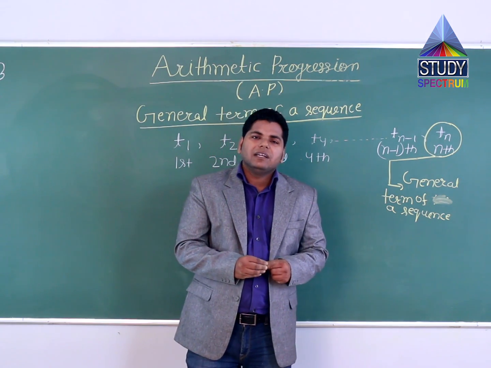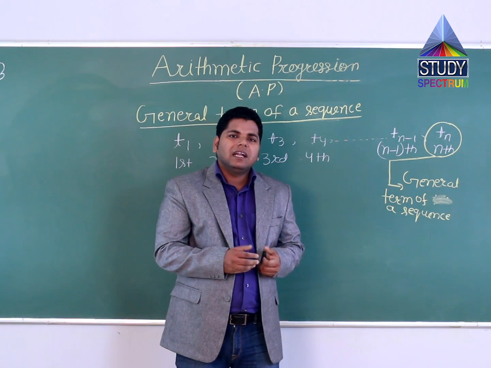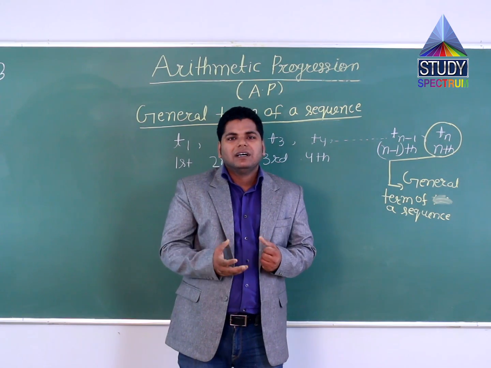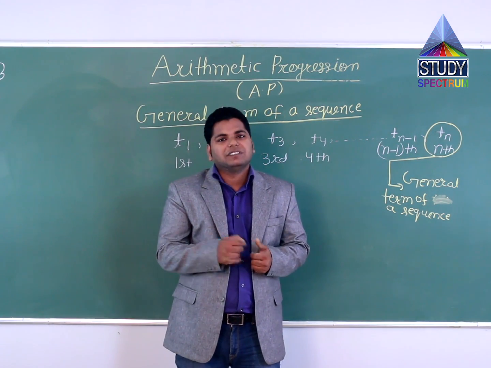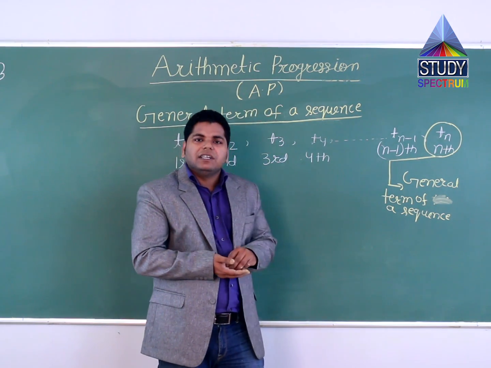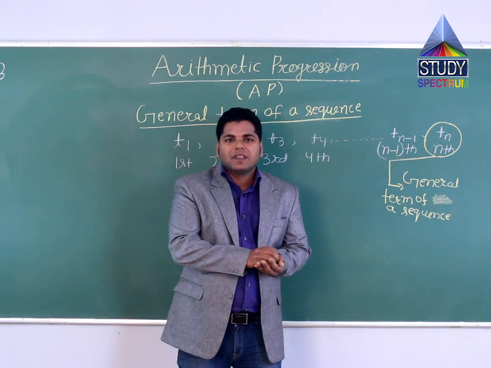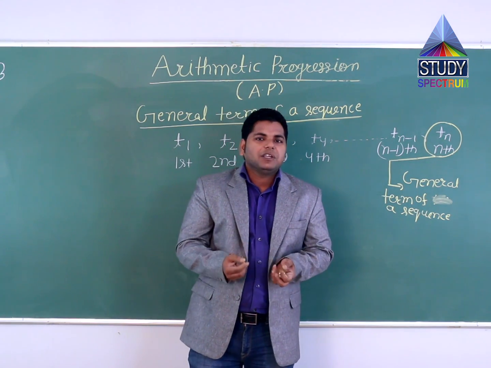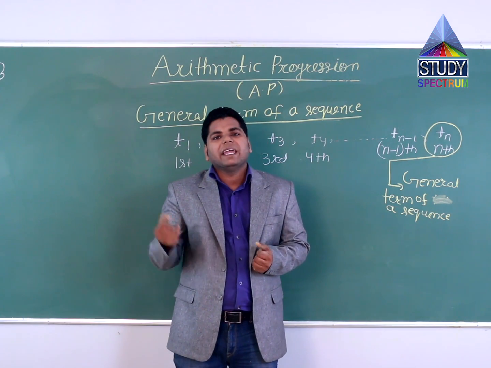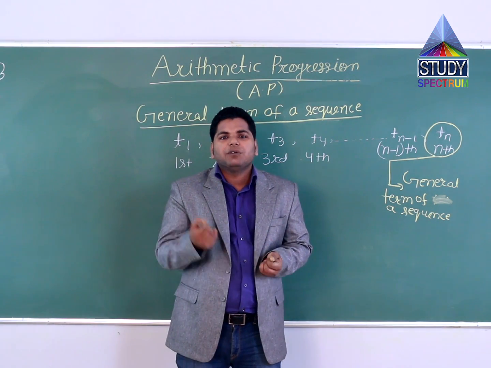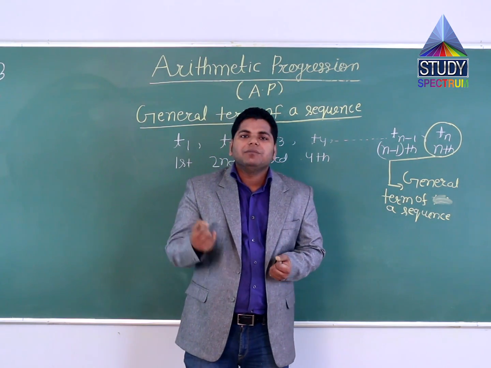Then one question arises: what is the significance of the general term of a sequence? In another way you can say, what is the significance of Tn? Generally you are given Tn in terms of n. We will put n equal to 1, then it will become T1.